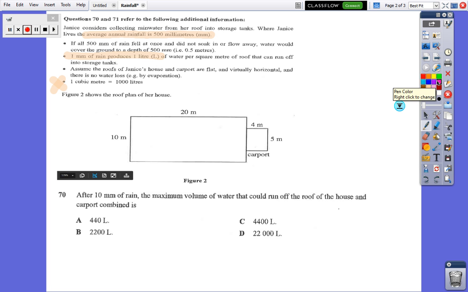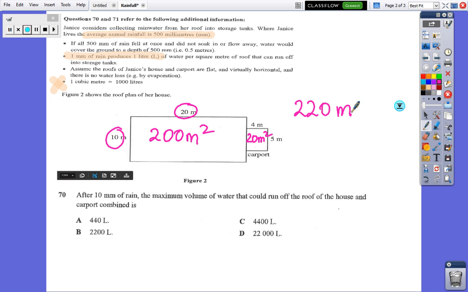Okay, so we're looking at the diagram. These shapes are called rectangles, so it's just length times width. So 10 times 20 is 200, and 5 by 4 is 20. So our total area on the roof is 220 metres squared. Now, this question has 10 mil of rain, and up here, 1 mil equals 1 litre.